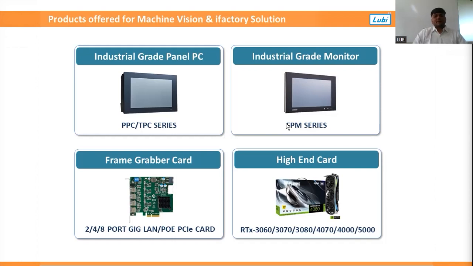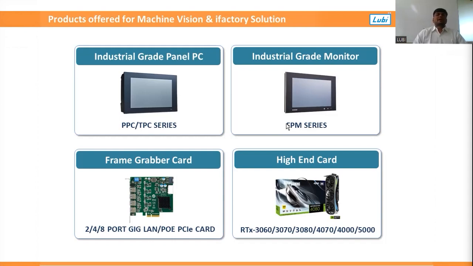Apart from that, we have frame grabber cards: 2 port, 4 port, 8 port, GigE based, normal LAN based or PoE based, PCI Express based frame grabber cards. If any high-speed applications are there and they want to connect multiple cameras to PCs, either commercial or industrial grade PCs, then it is possible via frame grabber card.